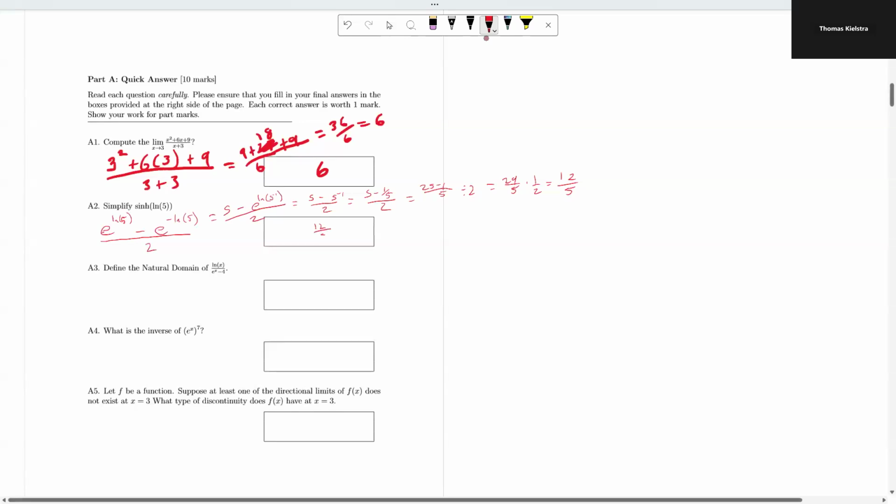So we get 12 over 5. Fractions are lovely. If you wanted to do 2.4, you're more than welcome to do 2.4.